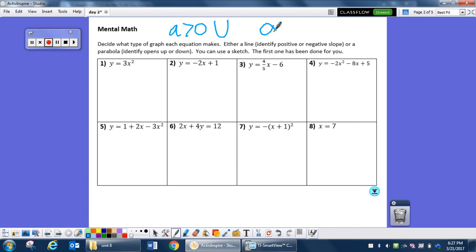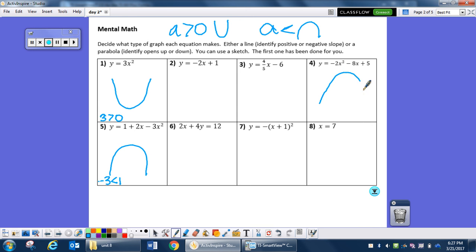If a is less than 0, the parabola goes downward. So here a is 3, and it's x squared, so it's an upward facing parabola. Here a is -3, the leading coefficient, so it's a downward facing parabola. So 3 is greater than 0. So these are the reasons why.